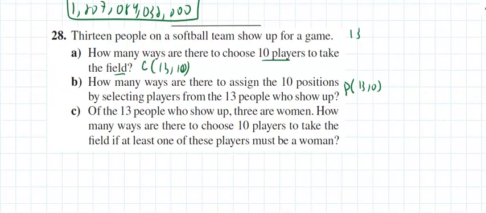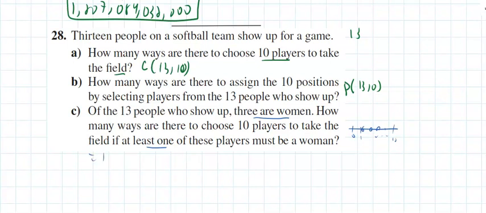C. Of the 13 people who show up, 3 are women. How many ways are there to choose 10 players to take the field if at least one of them must be a woman? At least one is a woman, and we're talking about 10. So at least 1, 2, 3.